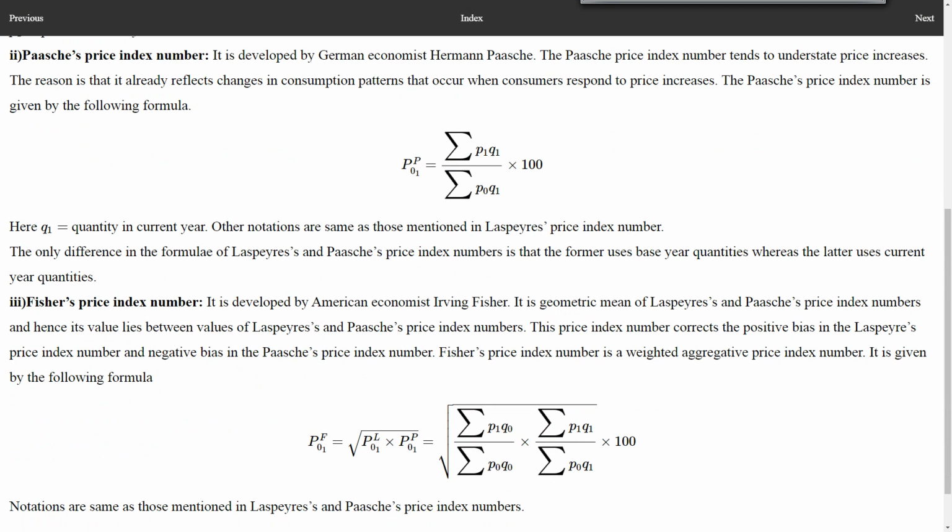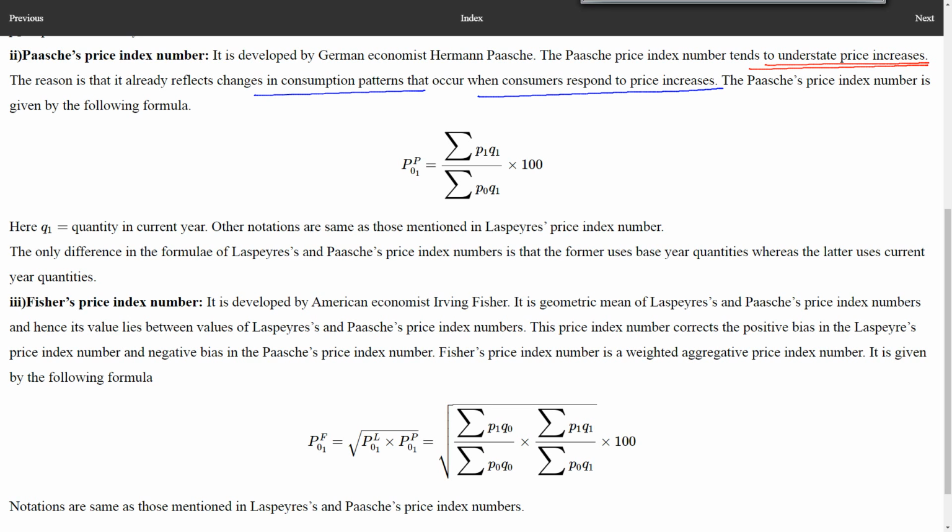This price index number tends to understate price increases. It is reflecting changes in consumption pattern that occur when consumers respond to price increases.